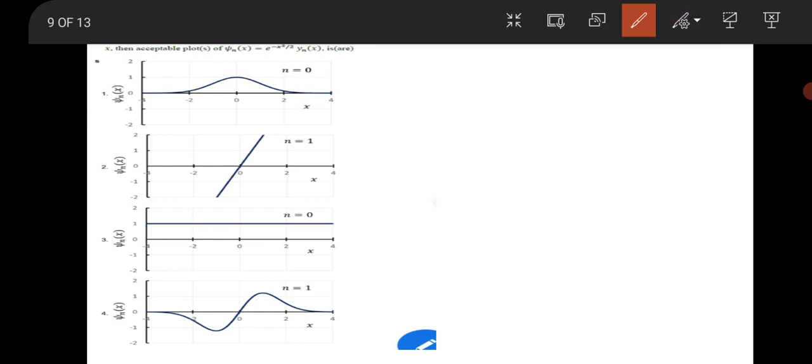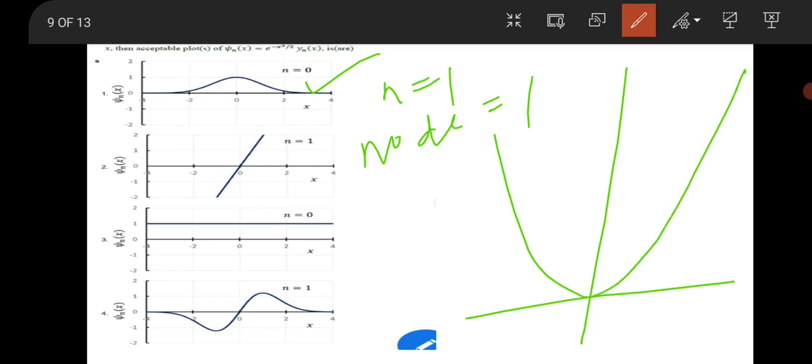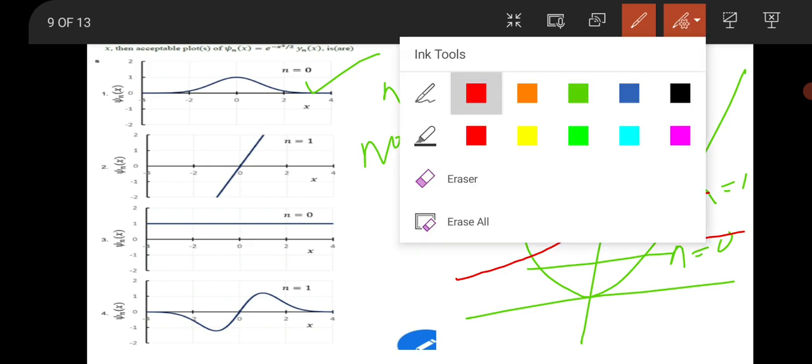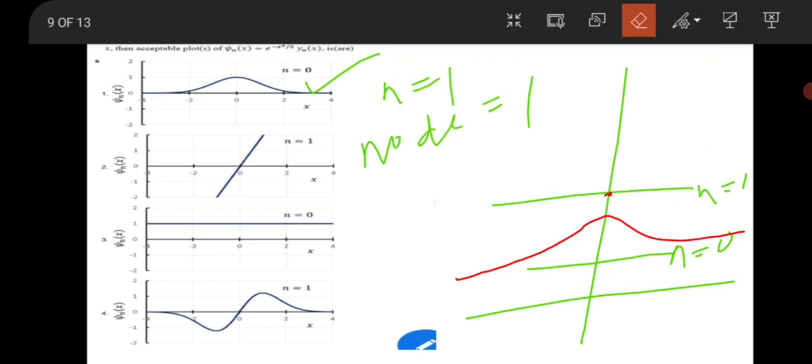If you consider n equal to 1, then the number of nodes is equal to 1. In quantum harmonic oscillator, this is n equal to 0, this is n equal to 1. So for n equal to 0, you get the wave function like Gaussian, like this, and for n equal to 1, you are getting the wave function like this with one node.